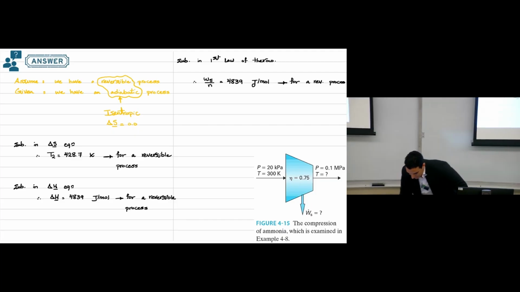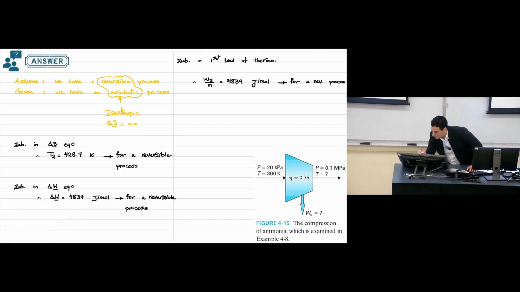Okay. So we have here given, this one was given, that the efficiency of this compressor is 75%.